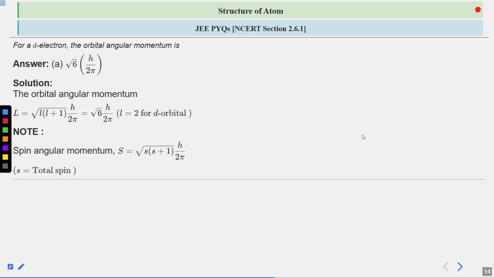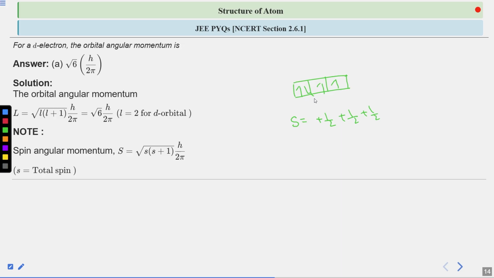Now how do we apply it? Suppose there is a p subshell, and in that p subshell 4 electrons are there. So what will be the total spin in this case? If you calculate it, you will add plus half for the first, plus half, and plus half, as 3 electrons are having a plus half spin state.